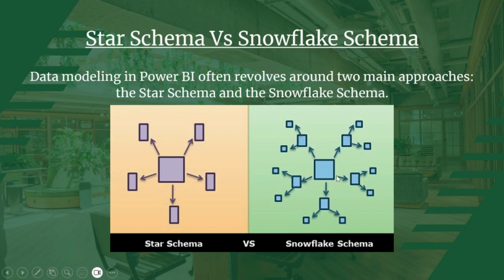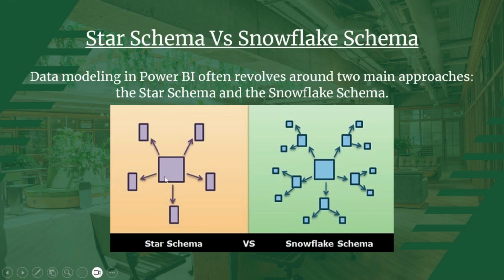So we can see here we have the facts table in the middle, we have the dimensions table outside, and then the dimensions tables are further divided into subtables, making the relationship more complex, right? Because it's more complex than we have it in the star schema.